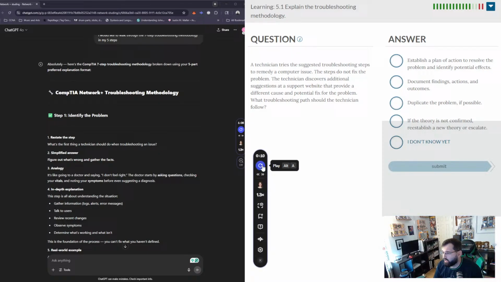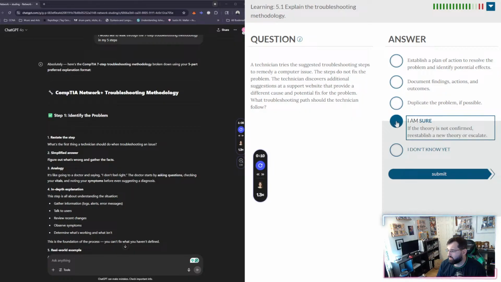It did not work. He goes somewhere else. If the theory is not confirmed, reestablish a new theory or escalate. Double it and give it to the next guy.